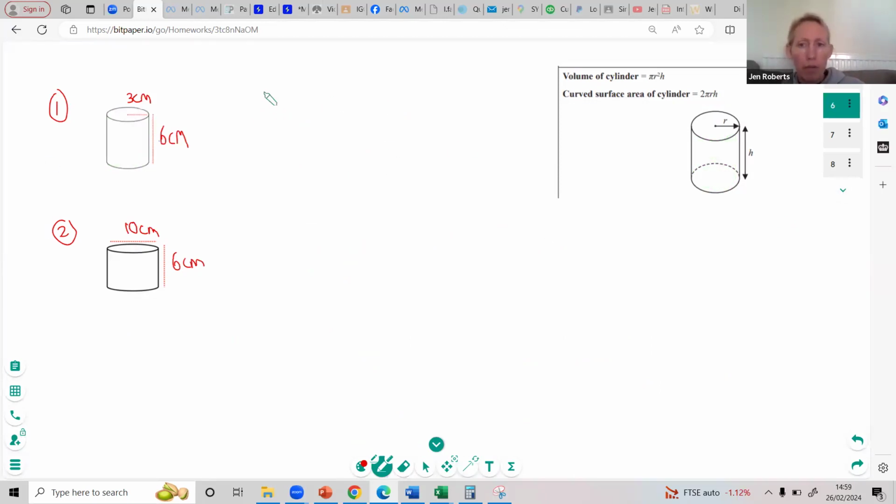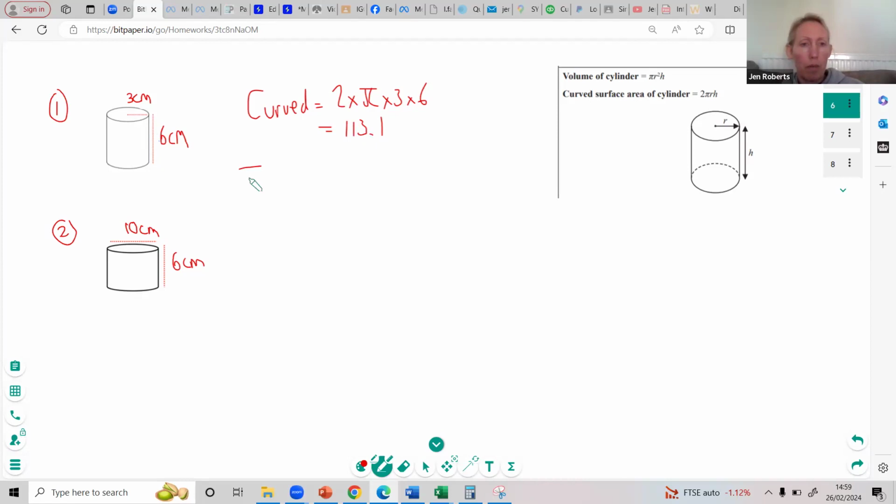Okay, so for this first one, the curved bit, you should have had 2 times pi times 3 times 6, which is 113.1.